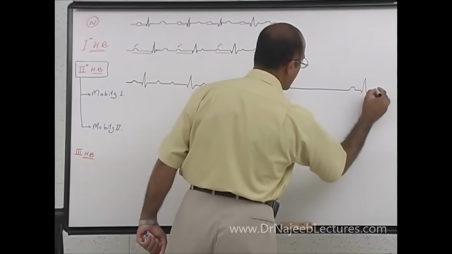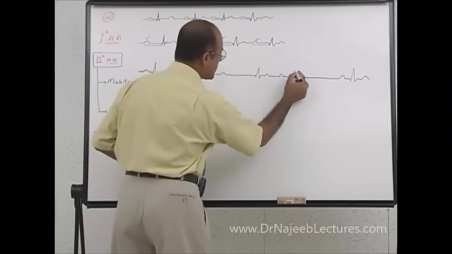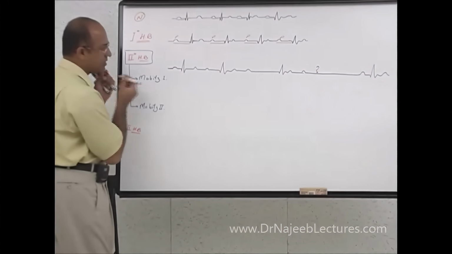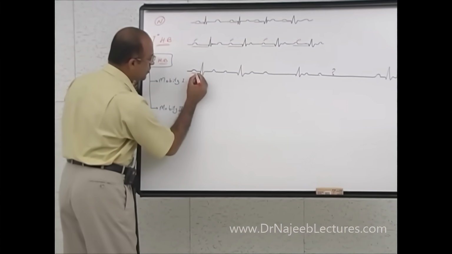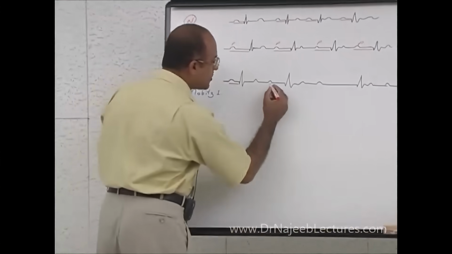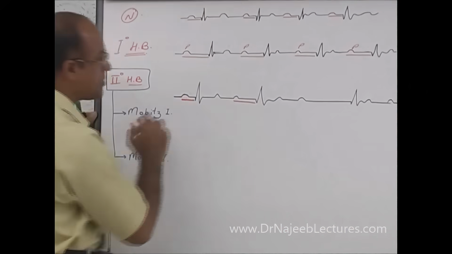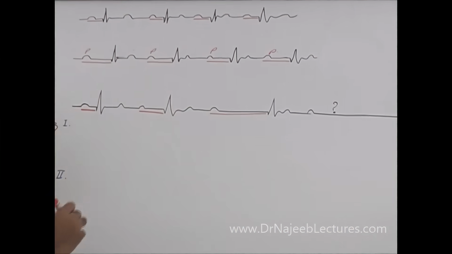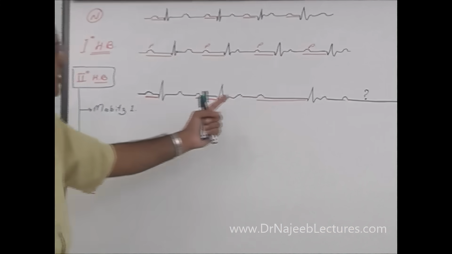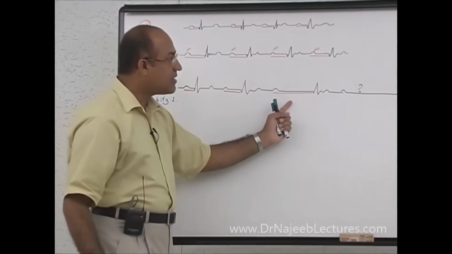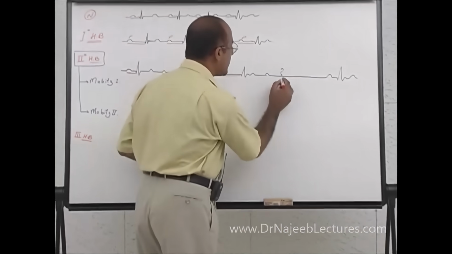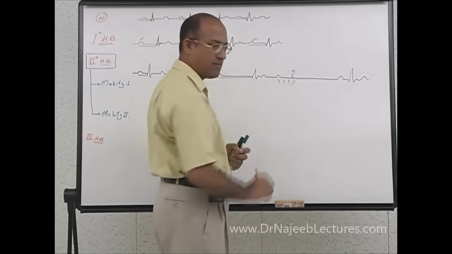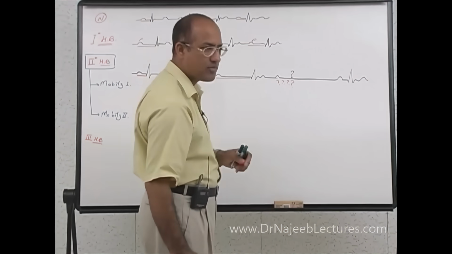Now concentrate on this particular pattern. This is one PR interval. The next PR interval is longer than the previous one, and the next PR interval is still longer. So there is progressive elongation of the PR interval until one P wave is not followed by QRS, and then the cycle repeats.